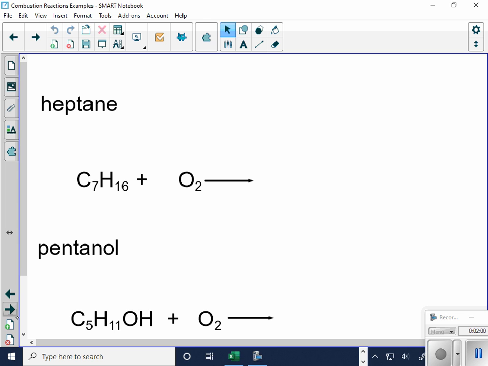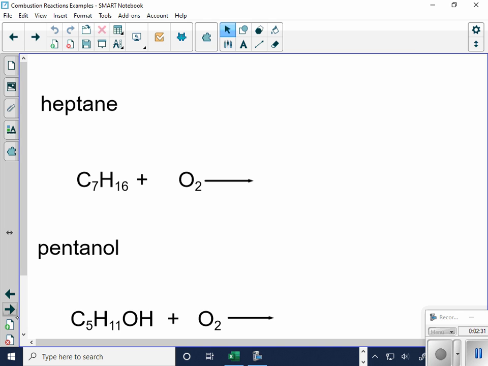okay, we have as follows. The very first one, heptane. Okay, heptane, it is a hydrocarbon. Hept means 7. That's why we have 7 carbons there. 16 hydrogens. Now, when we have a combustion reaction, we're going to have the products being carbon dioxide and water.